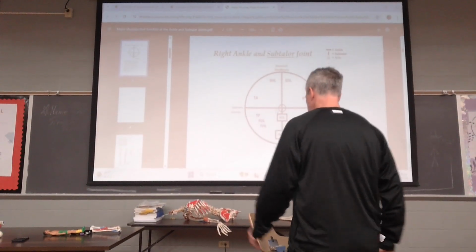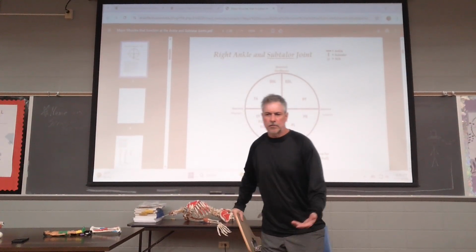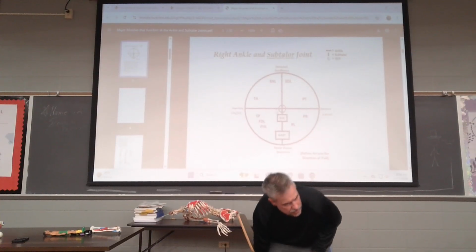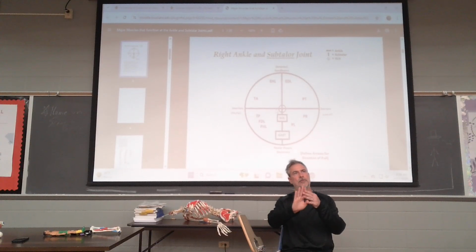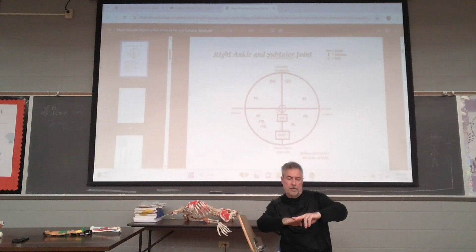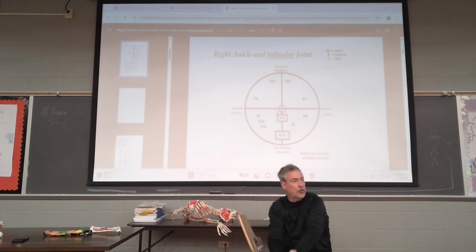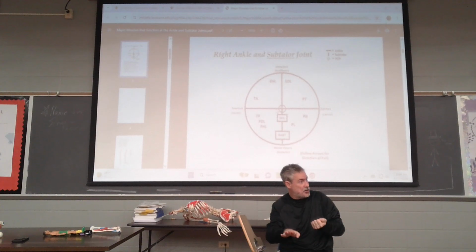So think of it like this, guys. When you have shoes on, Crocs or tennis shoes, and you feel your toes kind of pushing on the toe box, the push from those toes are influencing the ankle, because to get to your toe, they got to cross the ankle.